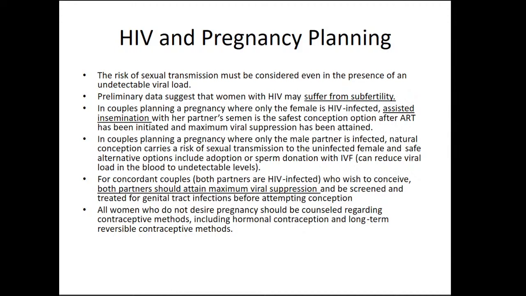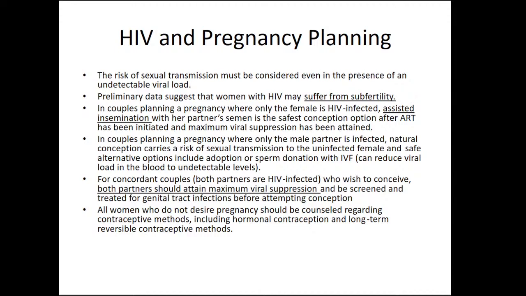In couples planning a pregnancy, where only the female is HIV infected, because in some families a woman can be infected and her spouse, her husband, is not infected, we call it a discordant couple. Or vice versa, the woman can be healthy, but her husband, her partner, is HIV infected.